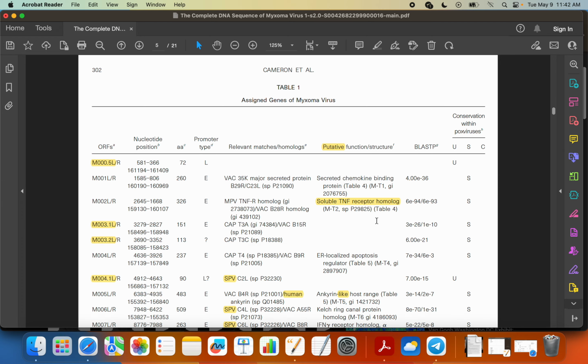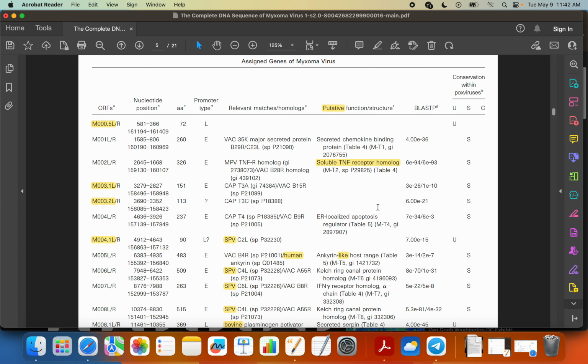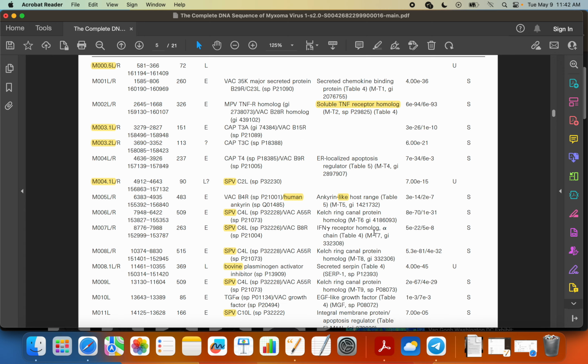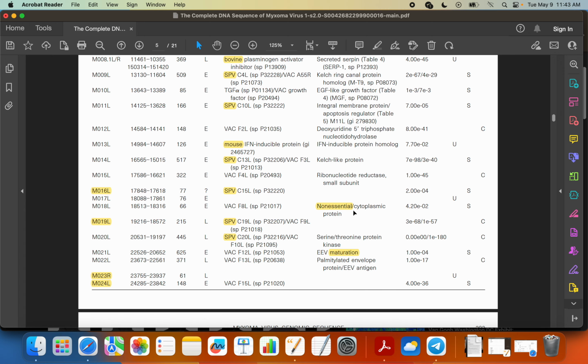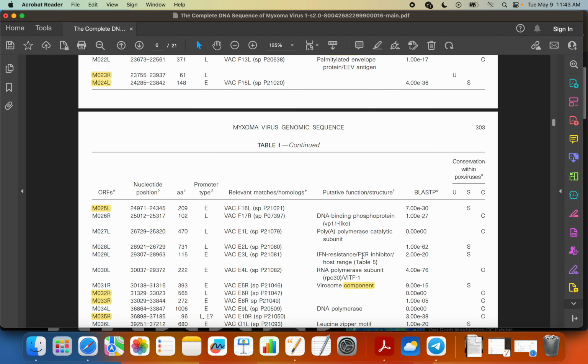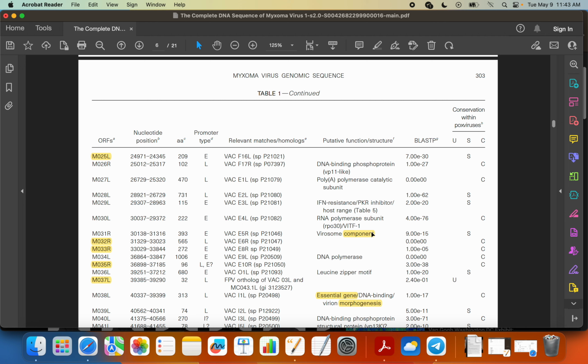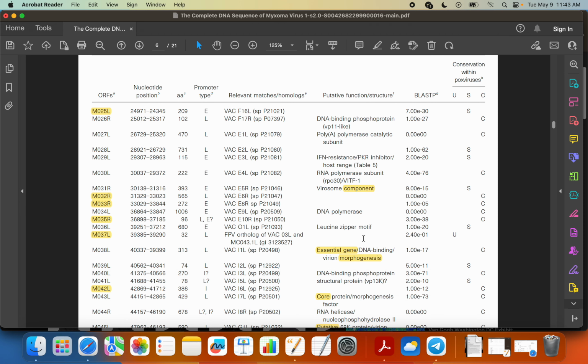Putative function and structure. Non-essential, EEV maturation. It's a component. See, what I'm trying to point out with these highlights is that it's not very specific. Like the analogy with the car warehouse, you sort of have to be very specific, right?